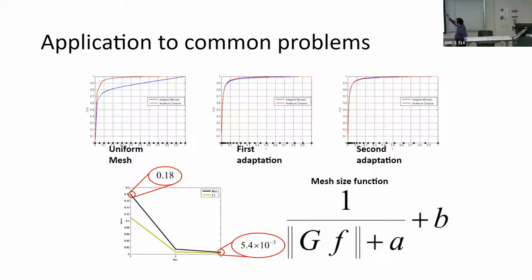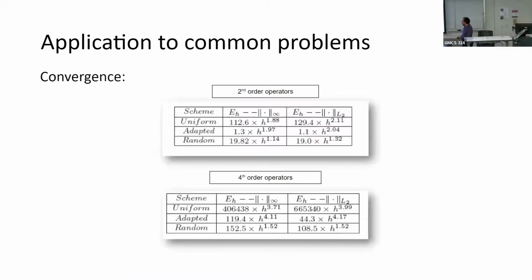Okay, in this case, for example, we did solution adaptation, using this criteria for the mesh function. This is something that Ricardo knows from his past. It's basically to concentrate the points where there are more changes in the gradient. So even in two adaptations, we get that the solution is getting good pretty fast.